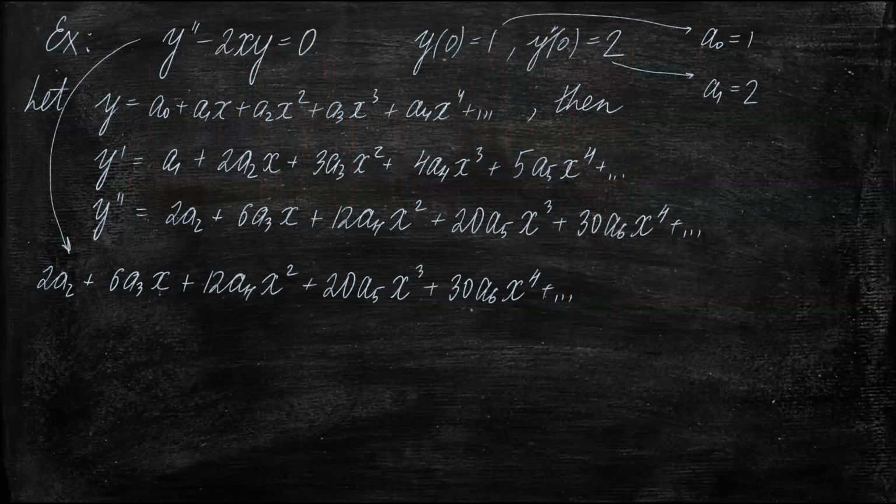And we're going to set it equal to 2xy. So again, I'm doing a little bit of algebra here, bringing 2xy to the right. So the second derivative of y is equal to 2xy.